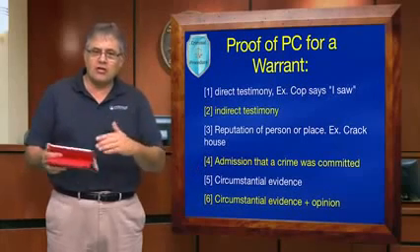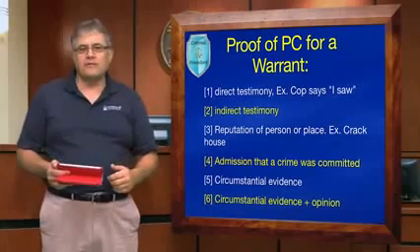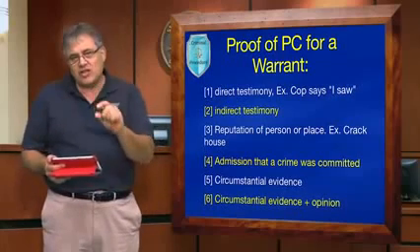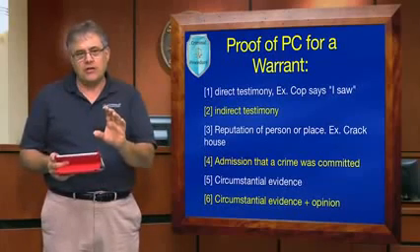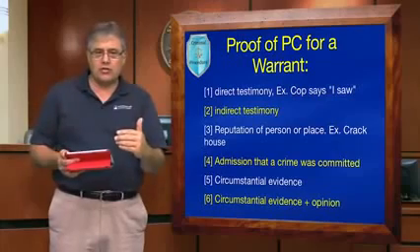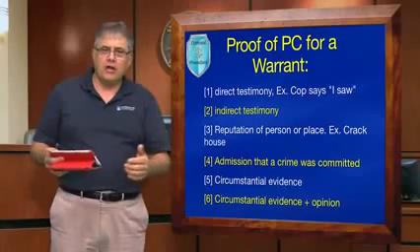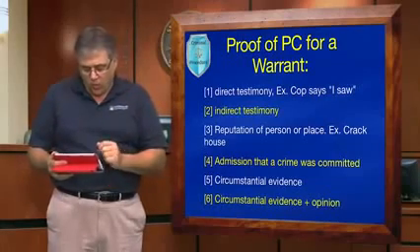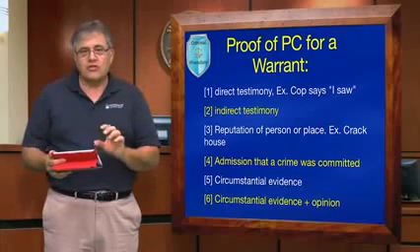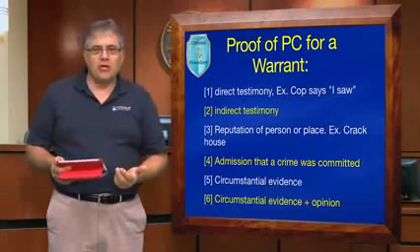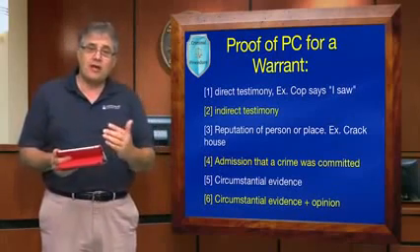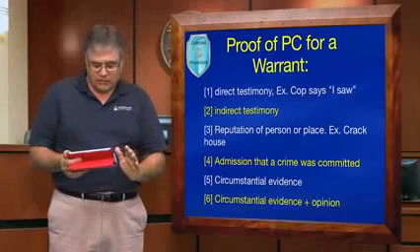That's an indication that drug deals go down within this area. If that's known by reputation, and you can show that location to the court, that can be sufficient to get you a warrant. If someone admits that a crime was committed, in other words, a confession by someone, that could be sufficient.